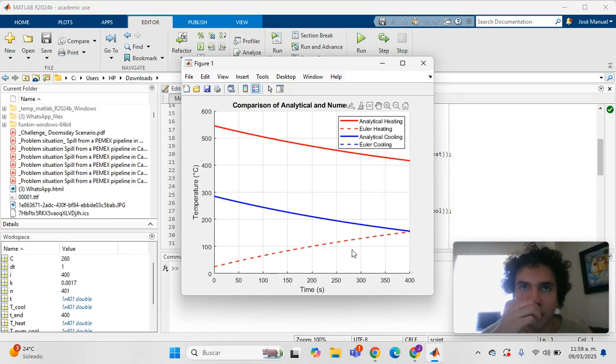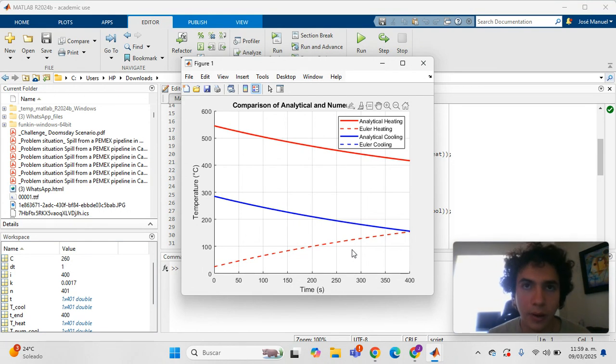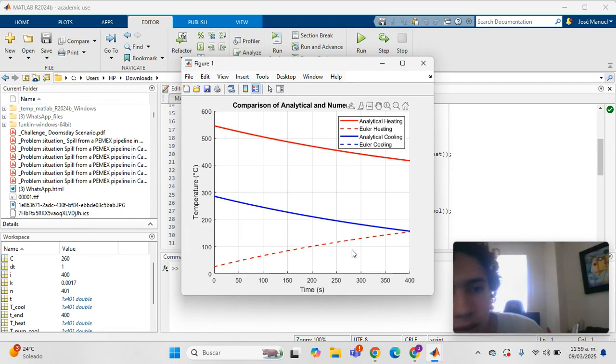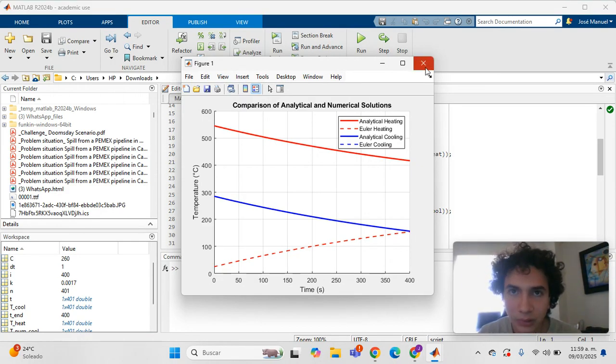This tells us that Euler's method provides an approximation of temperatures over time. The comparison of the numerical and analytical solutions of these two processes is somewhat similar, almost identical, which confirms that Euler's method can be used.